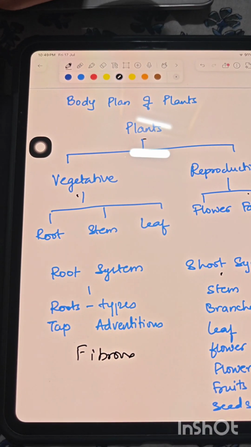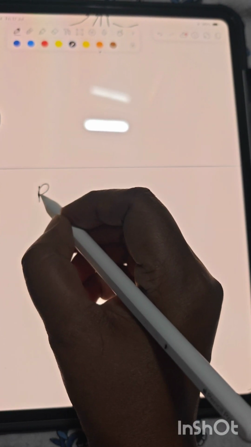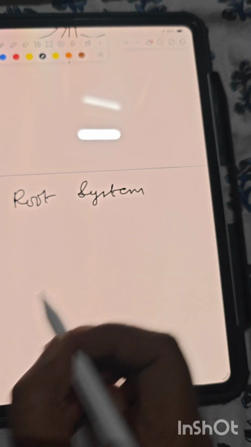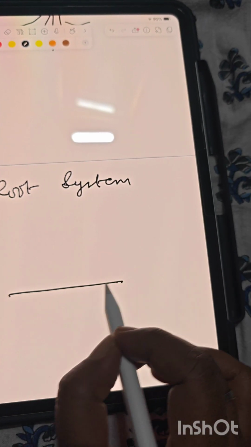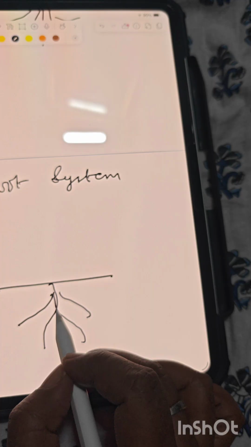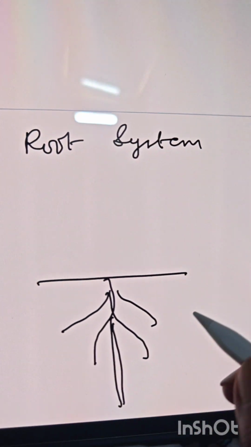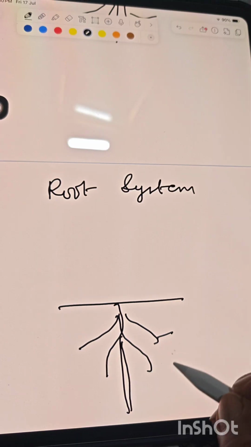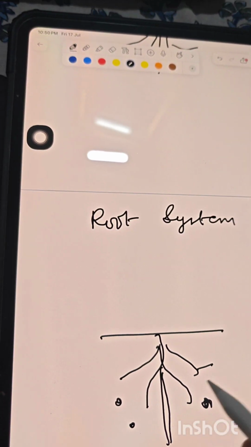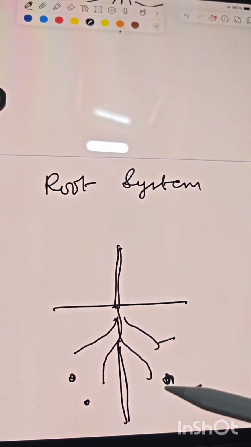When we say root system, it is nothing but the roots developed under the soil. As we have studied, the basic function of root is to absorb the water present in the soil, and it also provides support, anchorage to the plant.